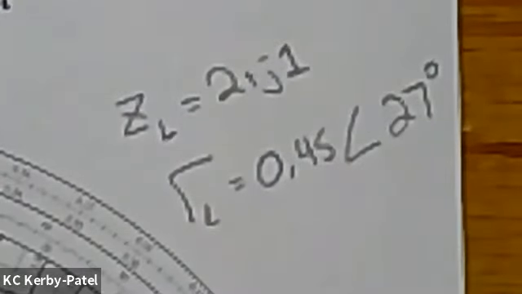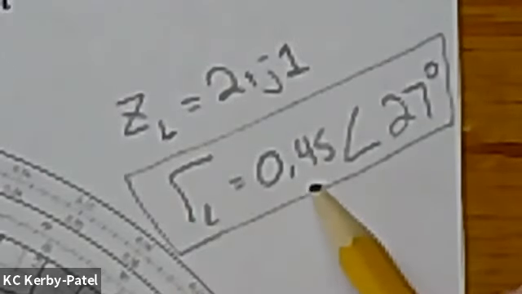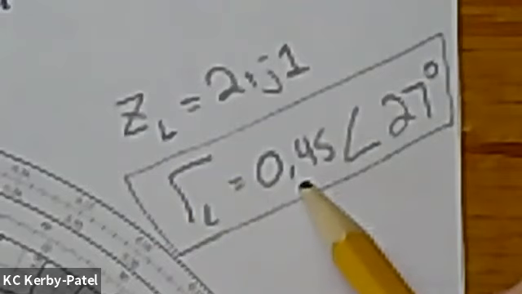When you solve problems with a Smith chart, you tend to get magnitude and angle for your reflection coefficient values.